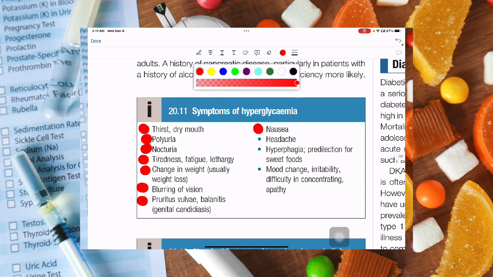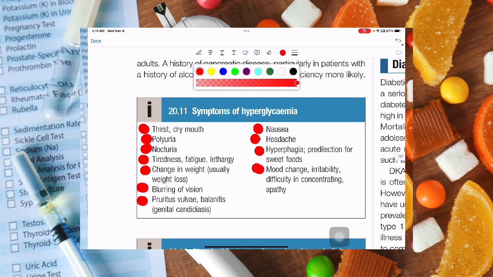There may be nausea, headache, hyperphagia, that is the predilection for sweet food, and mood change, that is irritability and difficulty in concentration. Recent mood change is a symptom of hyperglycemia.